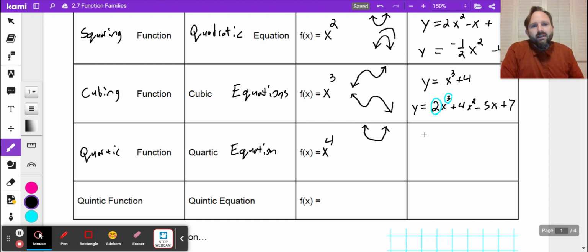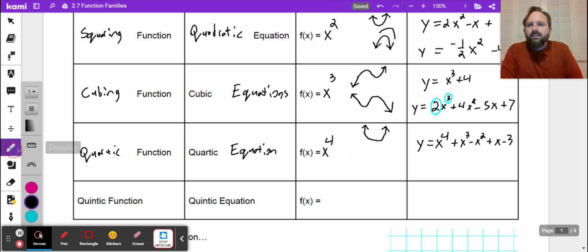Why? Well, if we have more terms, and I'll write them in, like x to the fourth plus x to the third minus x squared plus x minus 3, that's going to give us some more opportunity right here. Let's erase that. It's going to look like this. It could start like this, and it's going to turn around. 4 minus 1 is 3.